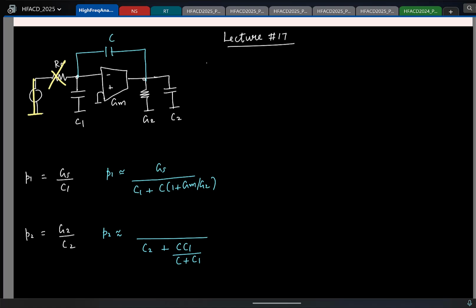And we can similarly write the total conductance. At the output node we have a conductance G2, so we can write it directly. But in addition, what other component will contribute to the conductance? If I apply a test voltage here, what will be the portion of the test voltage appearing at the gate?